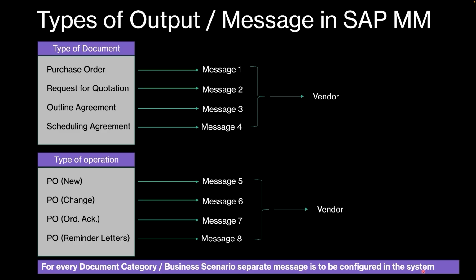And because you will have multiple output types in the system, you must have an output determination strategy, so that the correct output is determined by the system when you are processing the purchasing document. That is why output determination becomes very important when we deal with output types.